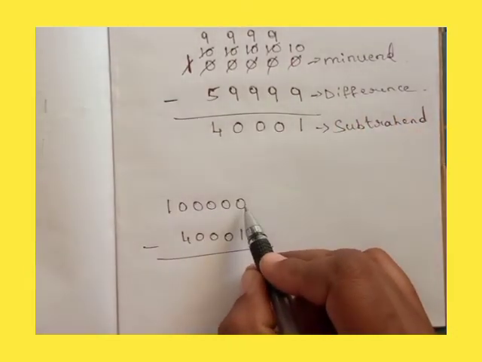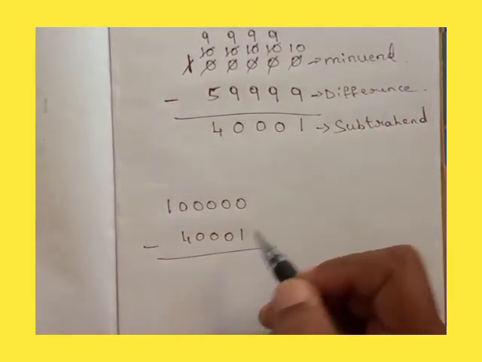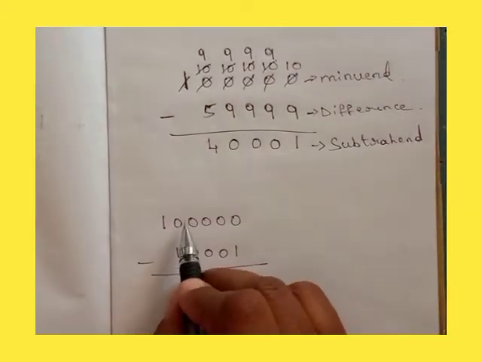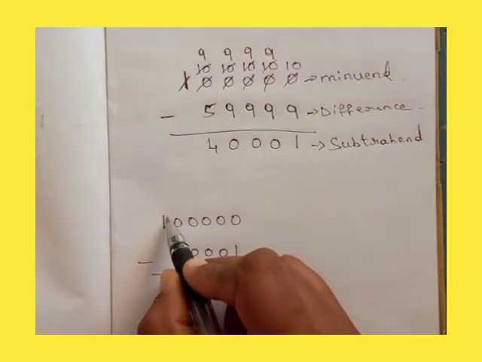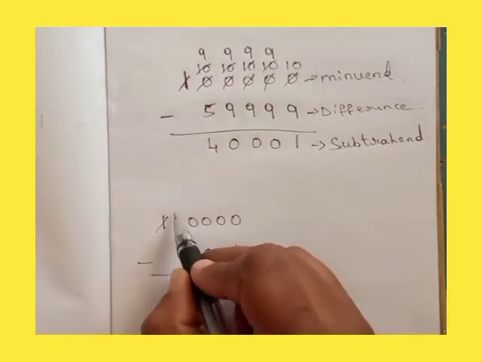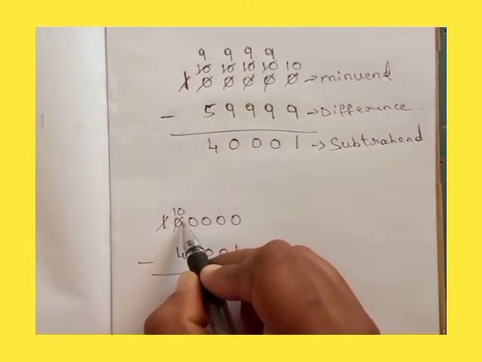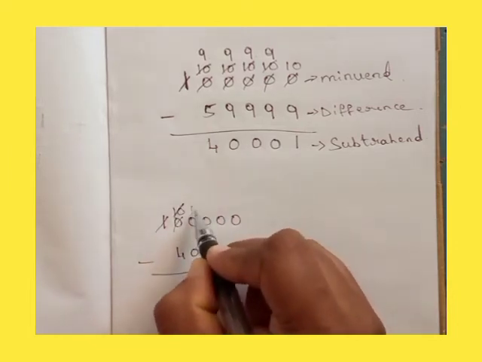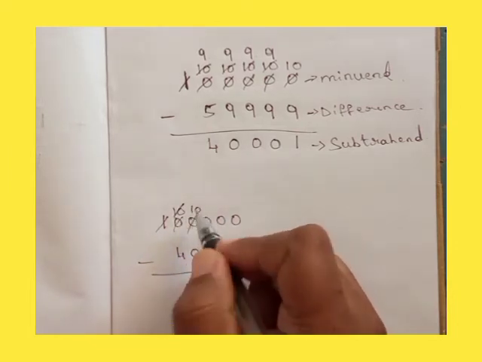Now, in 0, can you minus 1? No. So what should you do? Borrow. But here also there are zeros. So the last number is 1. Take from there, so this will become 10. From here you take 1, so this will become 10.